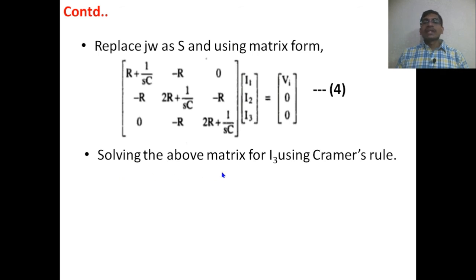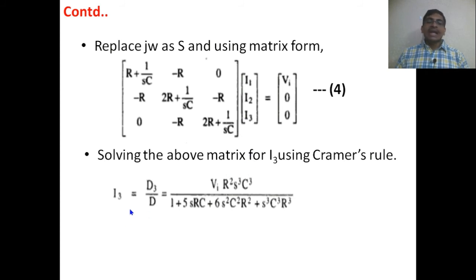By solving the above matrix in order to get I3, because why do we want I3? Because the output voltage is nothing but the output of the third loop, right? So that's why we have to calculate the current flowing in the third loop, I3. In order to get I3, we are using Cramer's rule to solve this matrix.